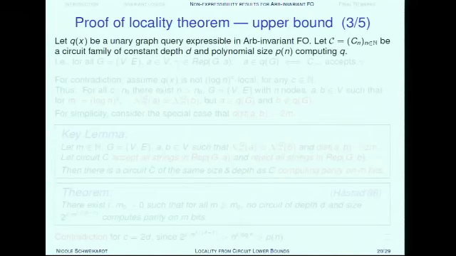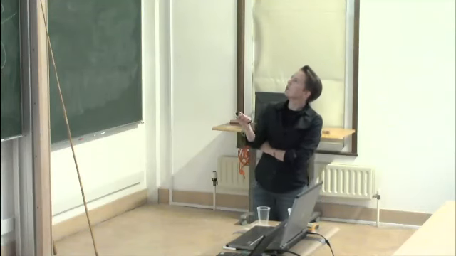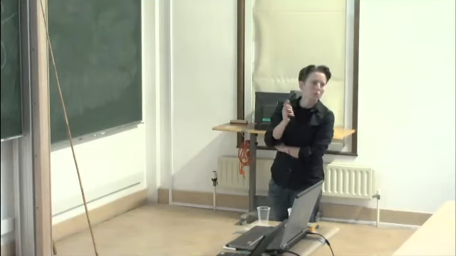We know there is a circuit family of constant depth, let's say D is the depth, and polynomial size, let's say P of n is the size, which computes Q. And here is again what this means: for every graph, every node, and every representative for the graph and the node, the node belongs to the query result if and only if the circuit accepts the representative.